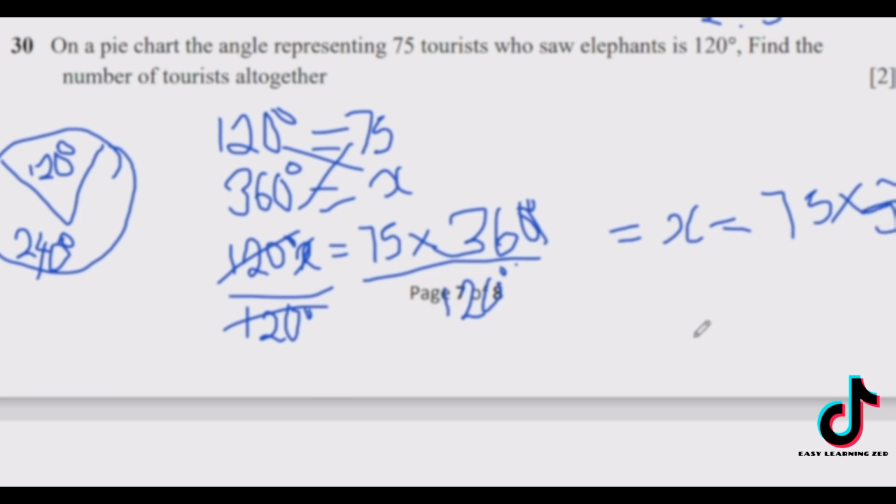Once it has given us 3, then we say 75 times 3, which will give us 225 tourists. So the tourists were 225 altogether. We have just used direct proportion to get this answer.